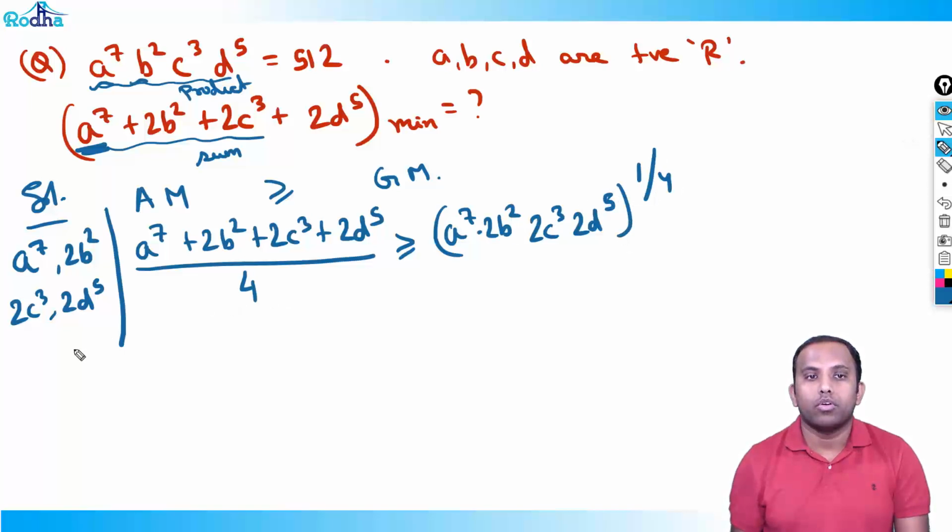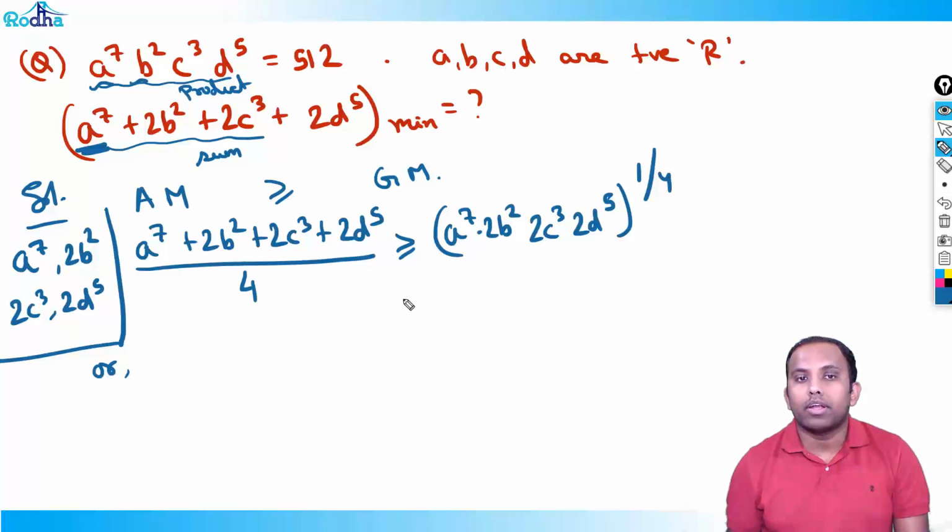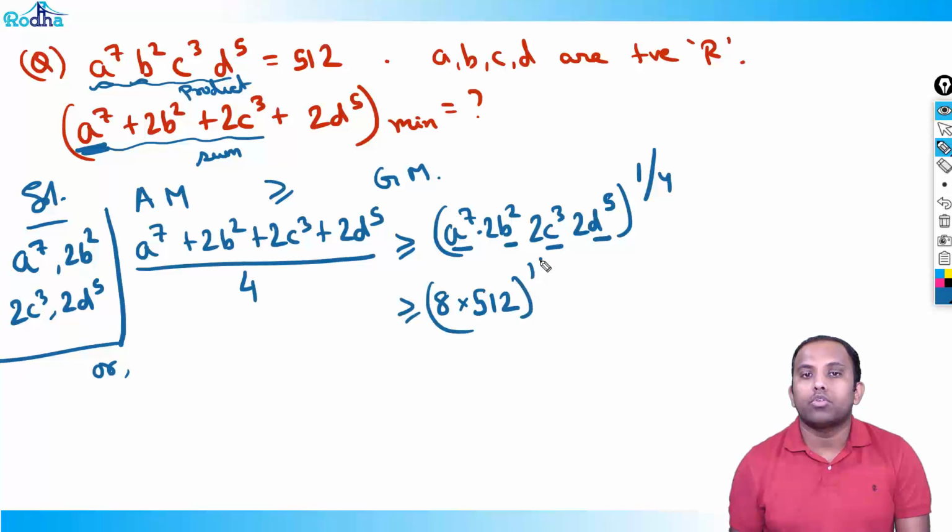So it should be greater than or equal to, now you see here, 2 into 2 into 2 is 8. So 8 into, and A to the 7 B square C cube D raised to 5 is given as 512. So 8 into 512 raised to 1 by 4.